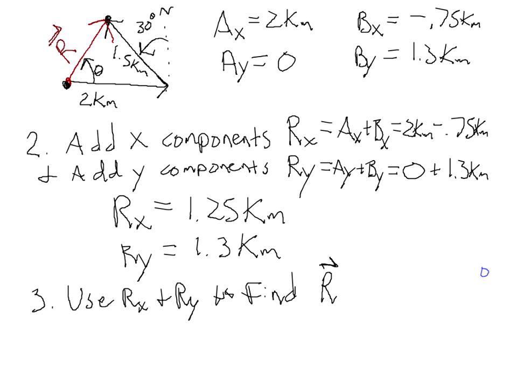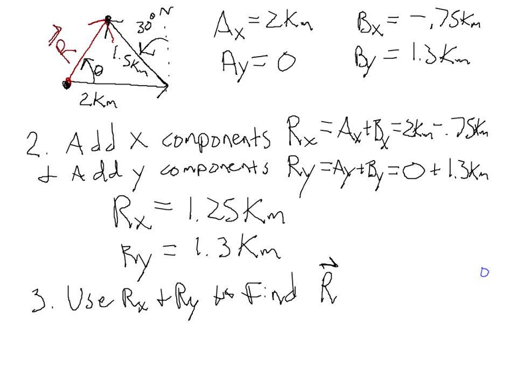Because in step 1, we used vector A to find AX and AY. In step 3, we already have the components, Rx and Ry, and we're going to go backwards to find R. How do we do that?